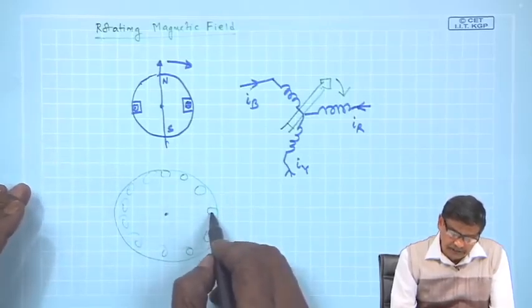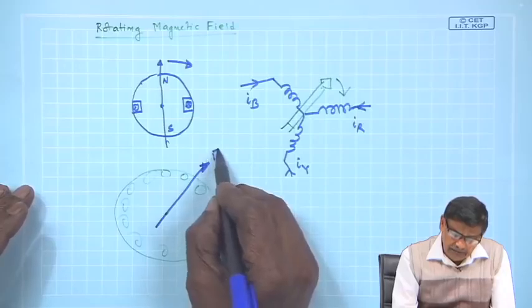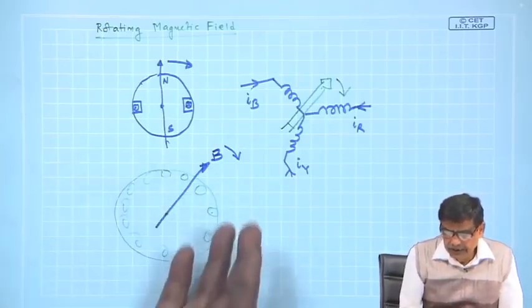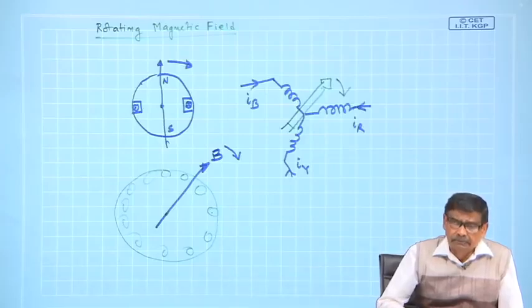You pass 3-phase current and a rotating field will be produced, and you can make it rotate either this way or that way depending upon the phase sequence of the supply. That also we have discussed.